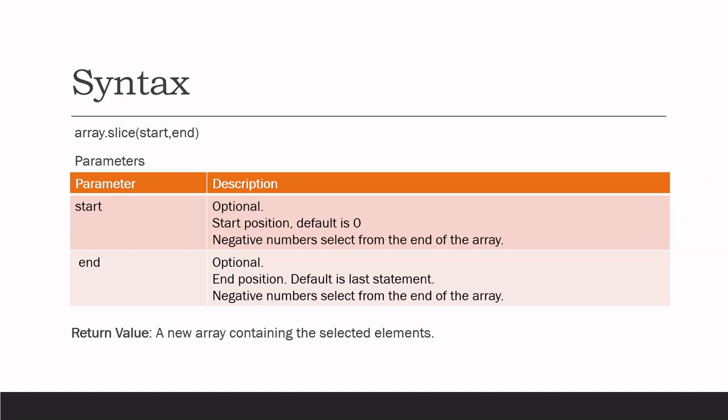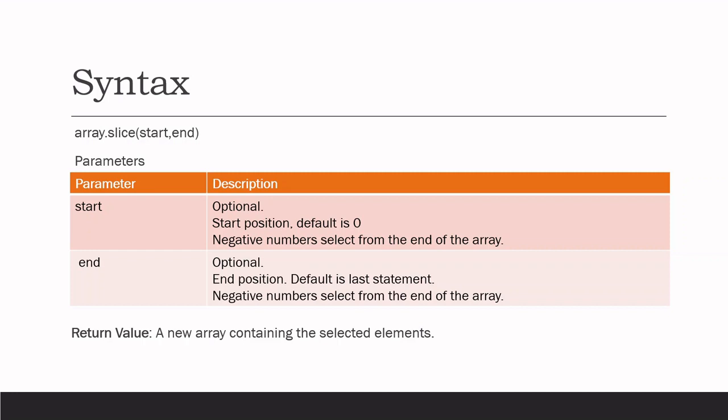The end parameter is also optional, and if you don't pass it, it will take the last index of the array. If you pass a negative number, it takes -1, -2 from the last element. And the return value is always a new array containing the selected elements.